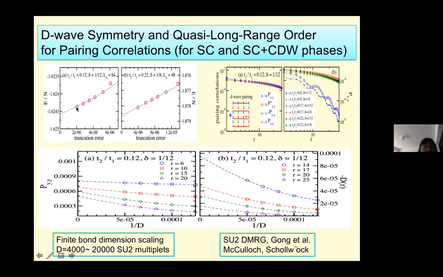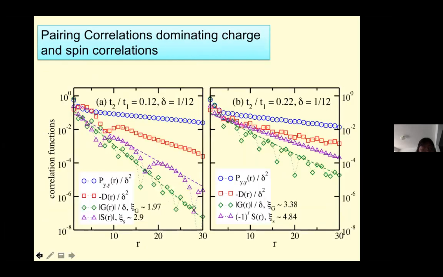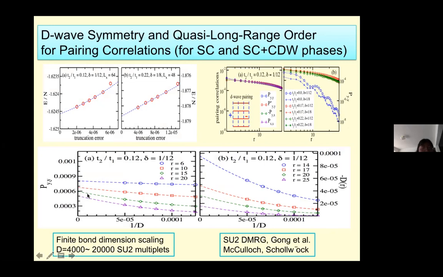The energy for our largest bond dimension is close to the extrapolated energy, and the scanning is smooth. Then we also follow Hong-Chen Jiang's analysis to do the scanning of physical quantities like correlations. The many-body collaboration also did that kind of scanning.